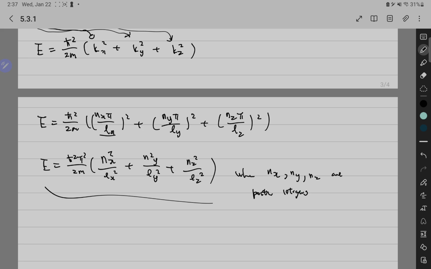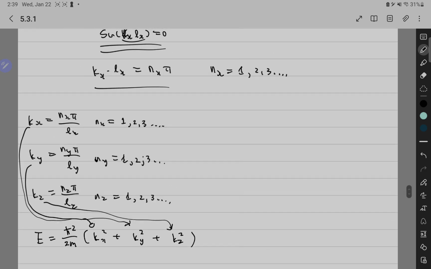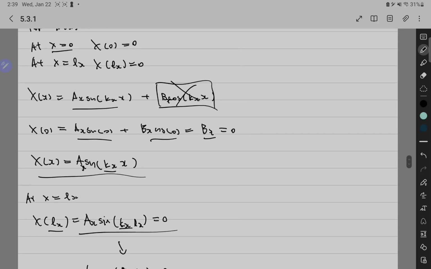So now we have to do the normalization part. For our wave function, let's write this again. Psi of x, y, z is equal to X(x) Y(y) Z(z). We've written this multiple times, and we already found the solution to it.